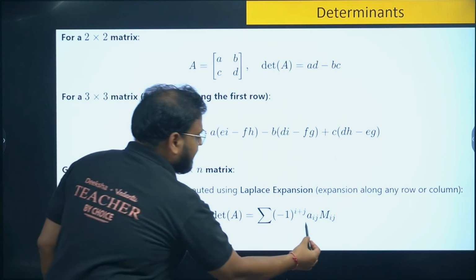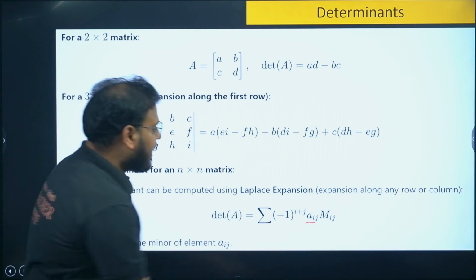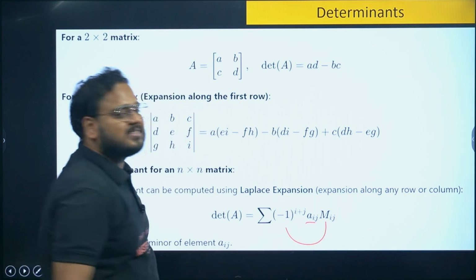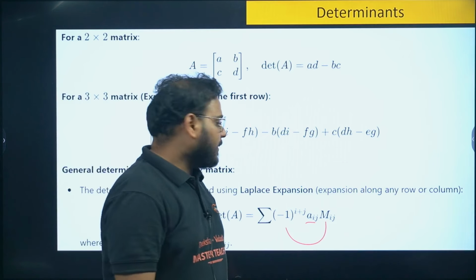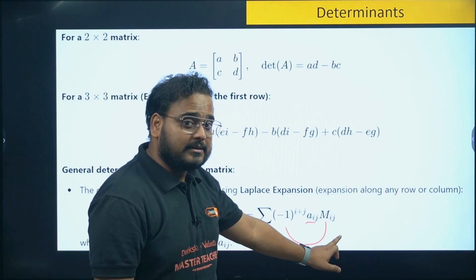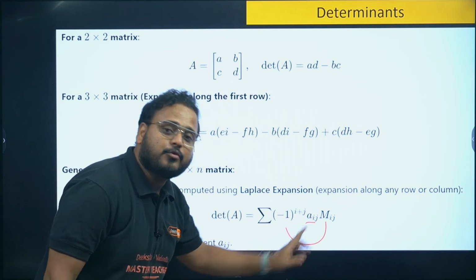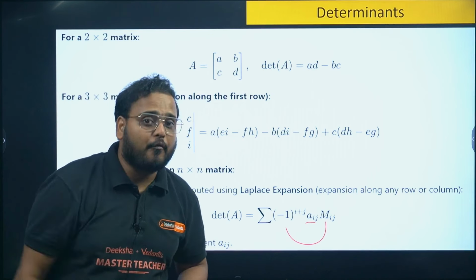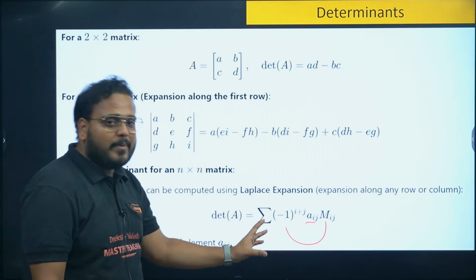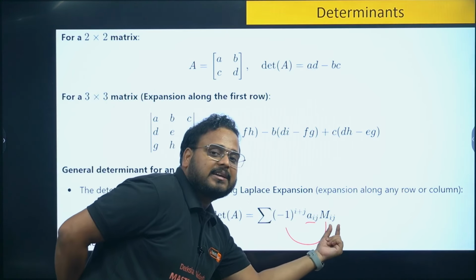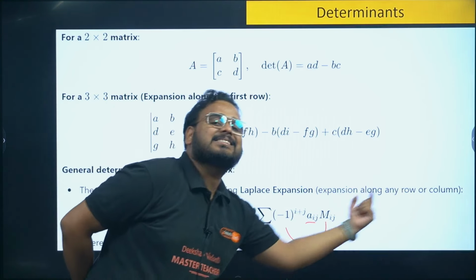What does this represent? Aij represents your element, Mij with the minus sign represents your cofactor. Just Mij is what? Minor. Mij is just minor. If you represent this with the minus sign to the power i plus j, it becomes your cofactor. So overall basically the element and the respective cofactors product taken as sum.